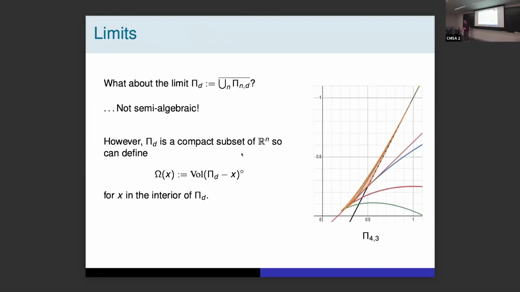Okay, so now to finish off, let's talk about the limit. So what's happening with the limit? The problem is that this is not even semi-algebraic. And why? So I explained that if we increase n, we add an additional cubic, and what also happens is we get a corner or a vertex for every cubic we add.